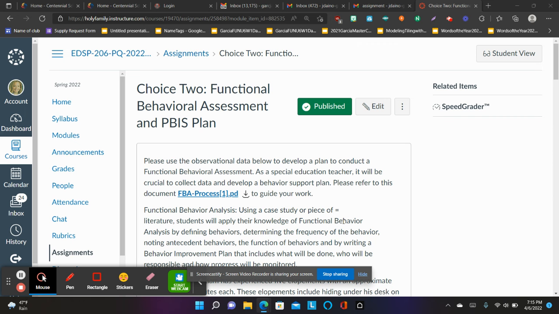Oftentimes, this may be executed by a behavioral specialist appointed by the local education agency. However, many times special education teachers would assume the responsibility of designing a behavior support plan collaboratively with the team or the behavioral specialist. So that would be the purpose of this assignment.